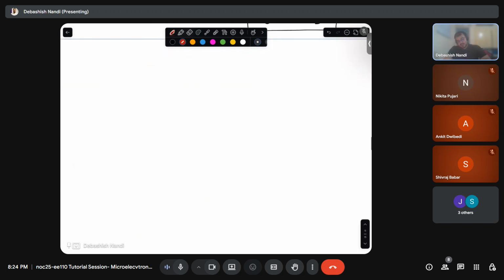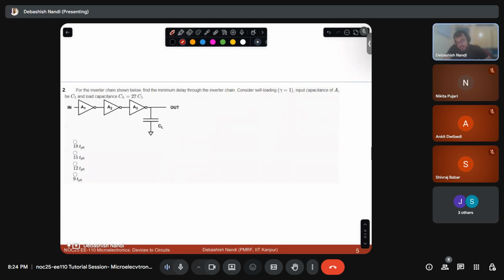So if that is okay with you, then in the next question it is asked: what is the minimum delay through the inverter chain? So what do we know? TP is TP1 plus TP2 plus TP3. We have found that this is TP0 times 3 gamma plus TP0 times F1 plus F2 plus F3.